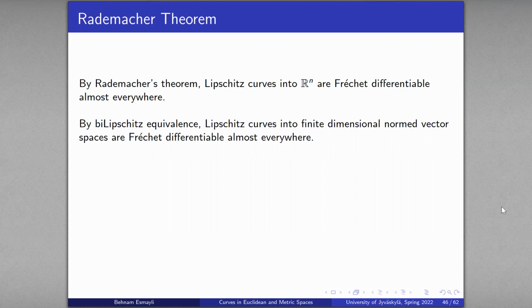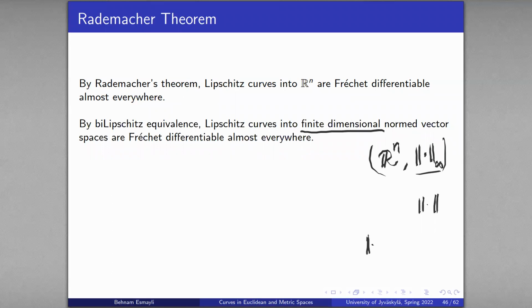If you map into some other vector space that is of finite dimension, then basically it's a copy of R^n with some different norm. For example, the L infinity norm. And because every two norms are Lipschitz equivalent, that means there are constants such that one norm is less than or equal to this C times the other norm, and also there is a lower bound with a different C of that.